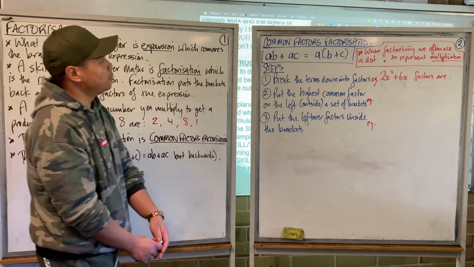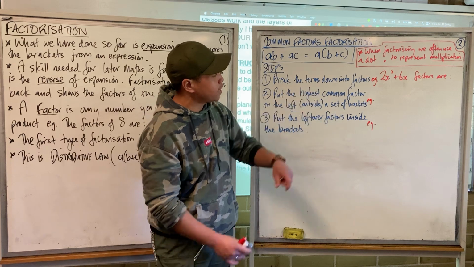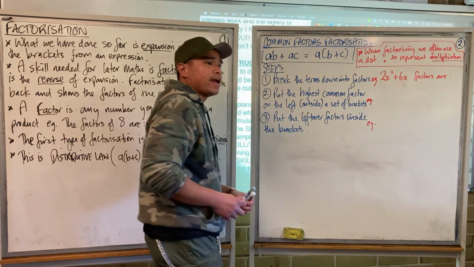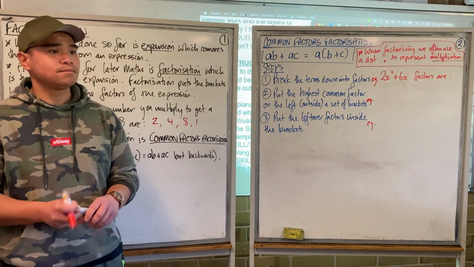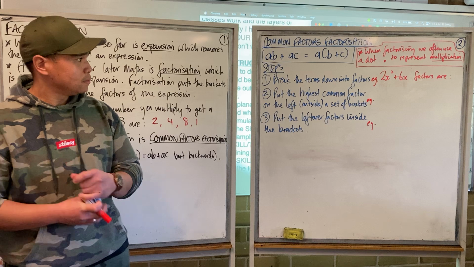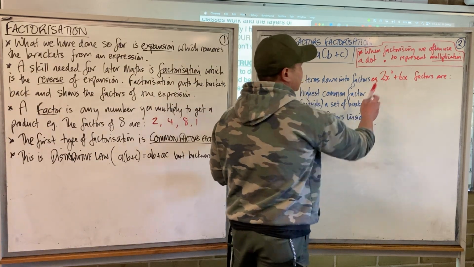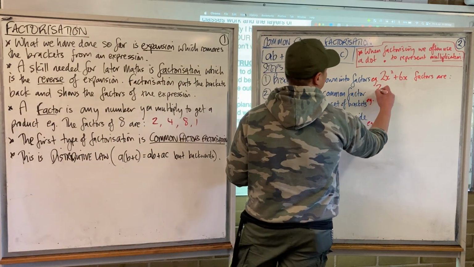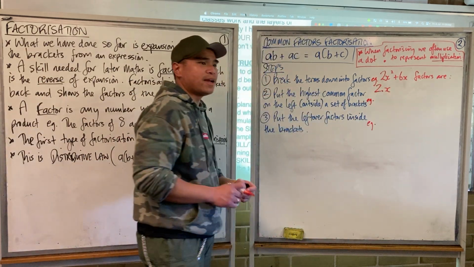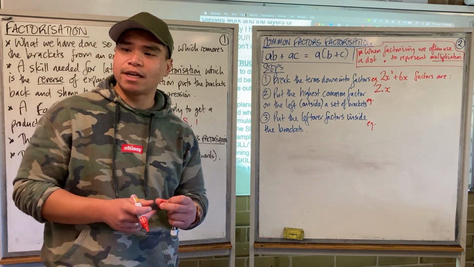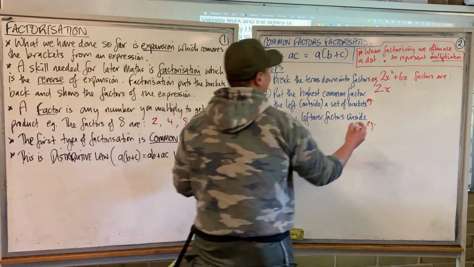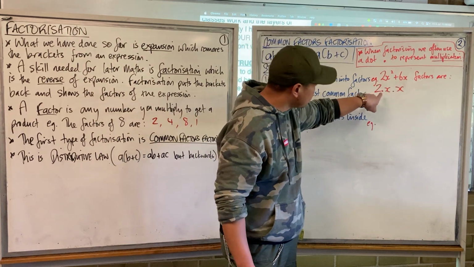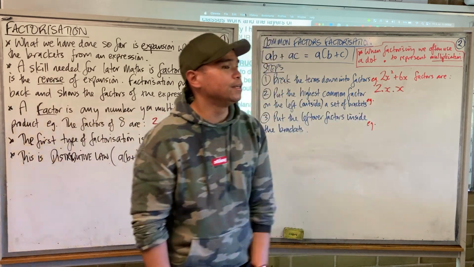So what are the steps in common factors factorization? Break the terms down into factors. What would I have to times together to get 2x squared? Help me out. What don't we write between numbers and variables? The times sign. So 2x squared is going to be 2·x·x. What do I times together to get x squared? X again, good. See how we broke this 2x squared down into 2 times by x and another x.